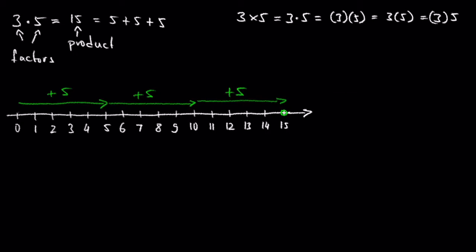Note that when parentheses are used and there is nothing between the parentheses or between the parentheses and the number, the operation is multiplication. The rules for multiplication are simple.